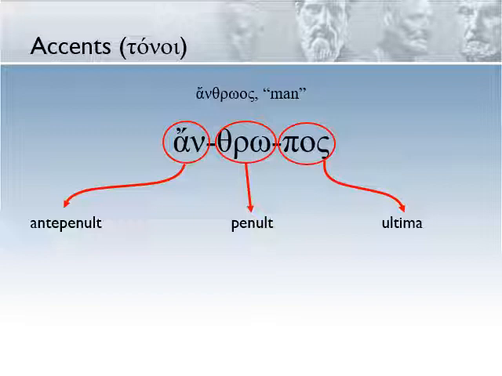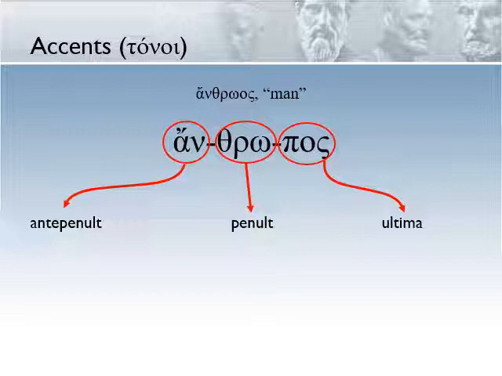So when talking about accent in relation to the word anthropos, we would say that it has an acute accent on the antepenult. You see the acute accent right after the smooth breathing mark on the initial alpha. And this is the antepenult.